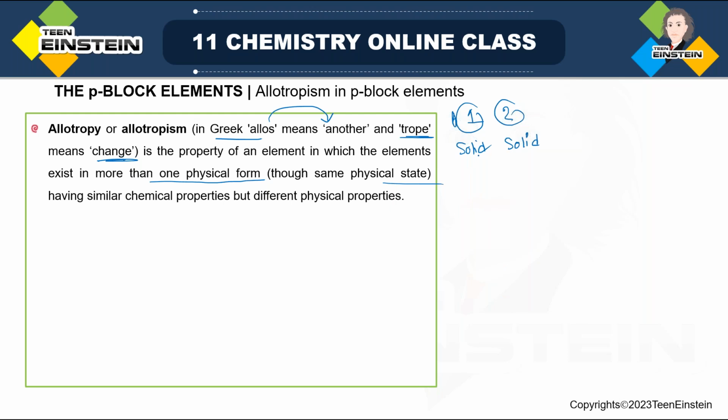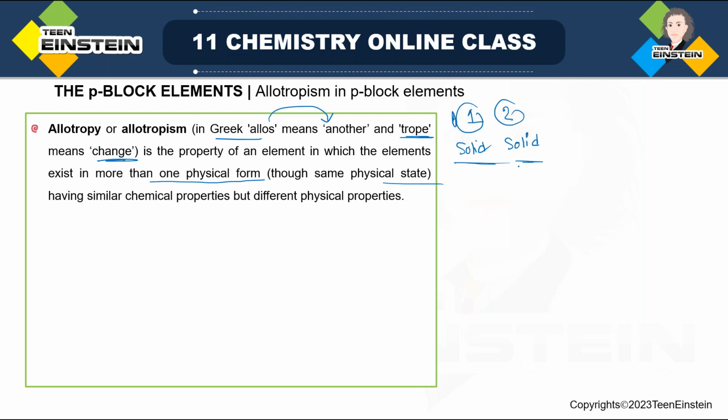Suppose it has 2 allotropes, both solid. That means their physical state is the same. But though both of them are solid, not necessarily will their structure and bonding be the same. It may not be so. That is the definition, where the element exists in more than one physical form even in the same physical state.